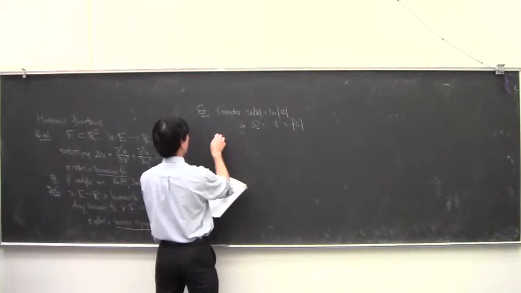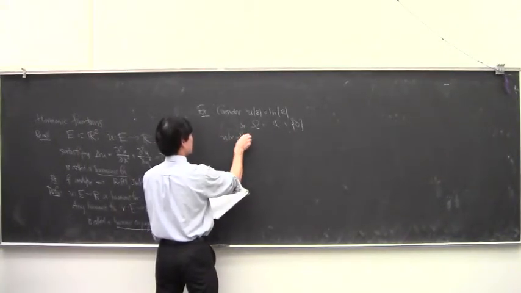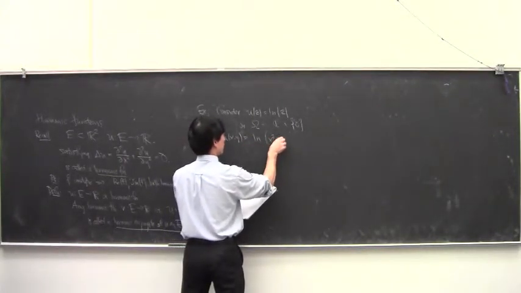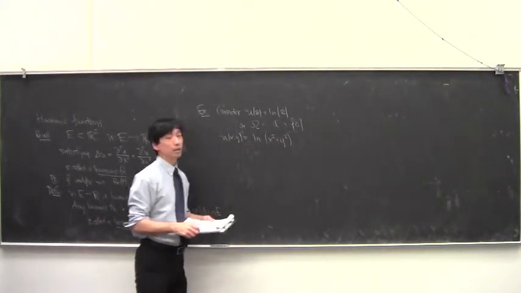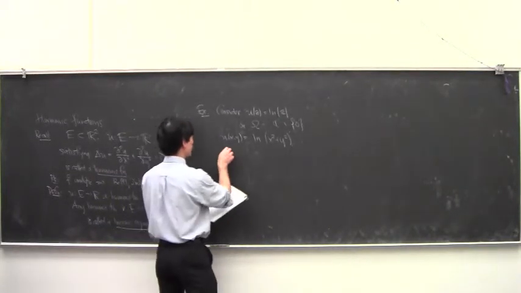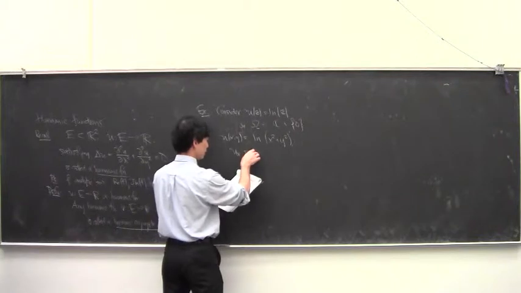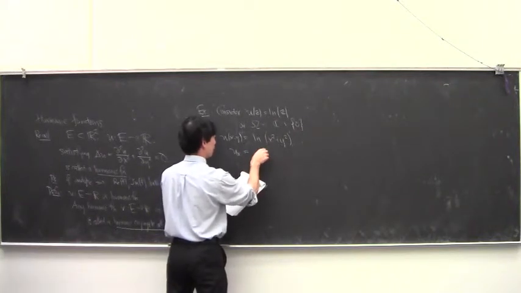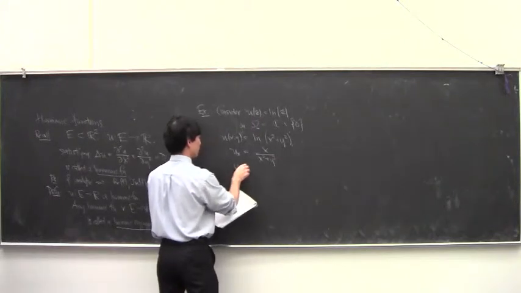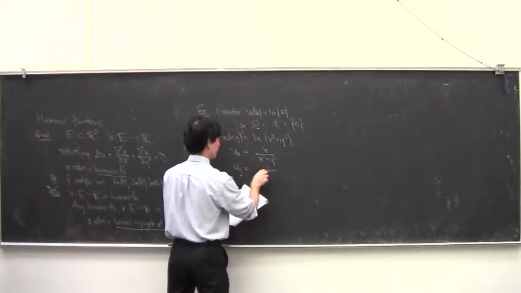If we think of this as a function of x and y, this is the natural log of the square root of x squared plus y squared. Then you differentiate. u sub x is x over x squared plus y squared. u sub y is y over x squared plus y squared.